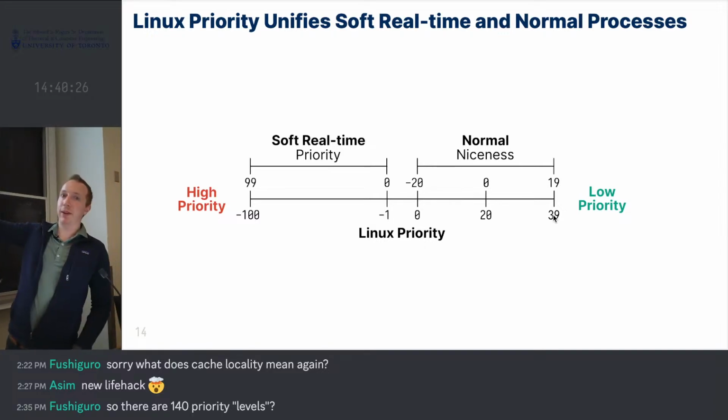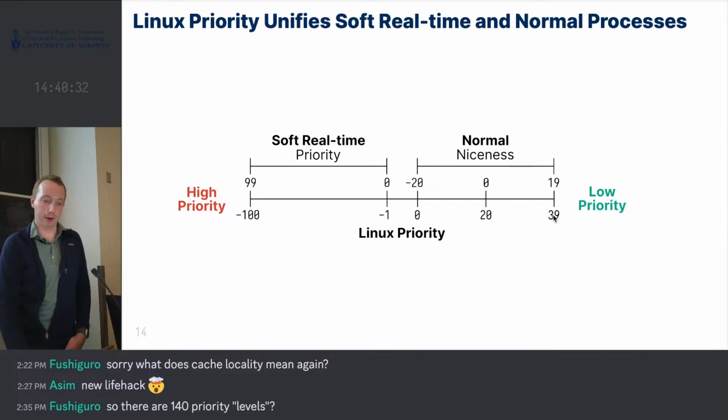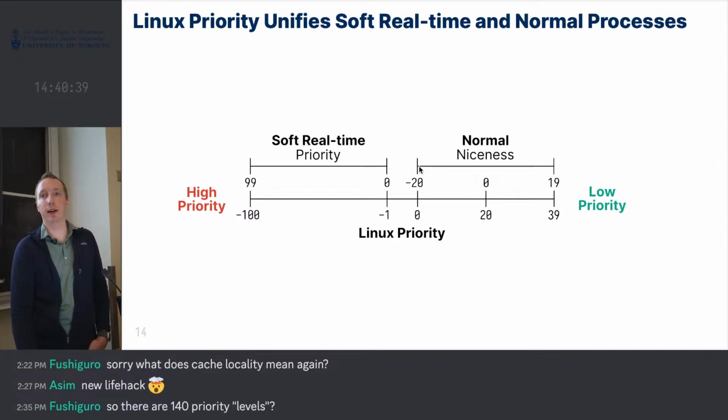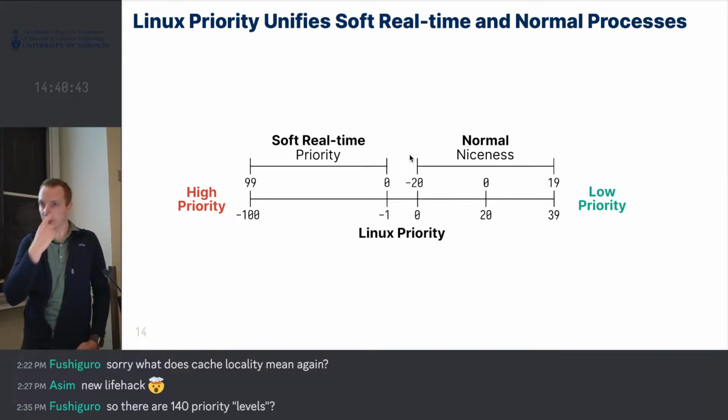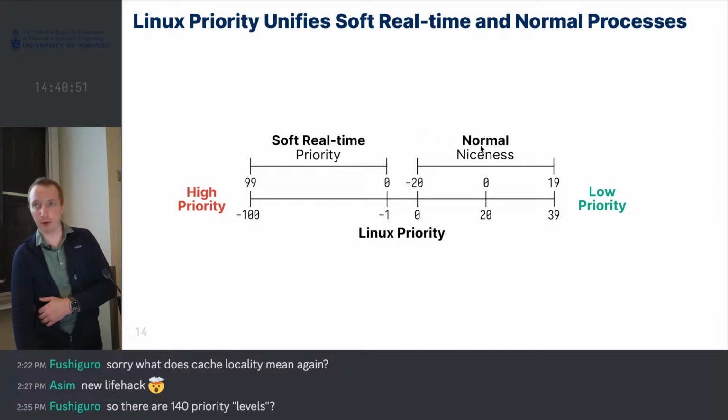Everything to the left on that is high priority, and as you go to the right, it's low priority. So niceness of 19 here is very low priority. Niceness of negative 20 is a high priority. But if you have a niceness of negative 20, that won't change your soft real-time priority, will it? No, these are independent. Either a process is soft real time or it's a normal process.